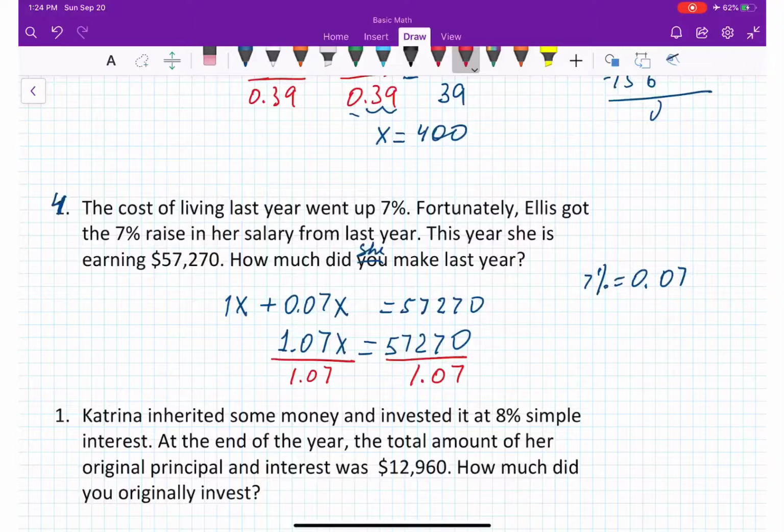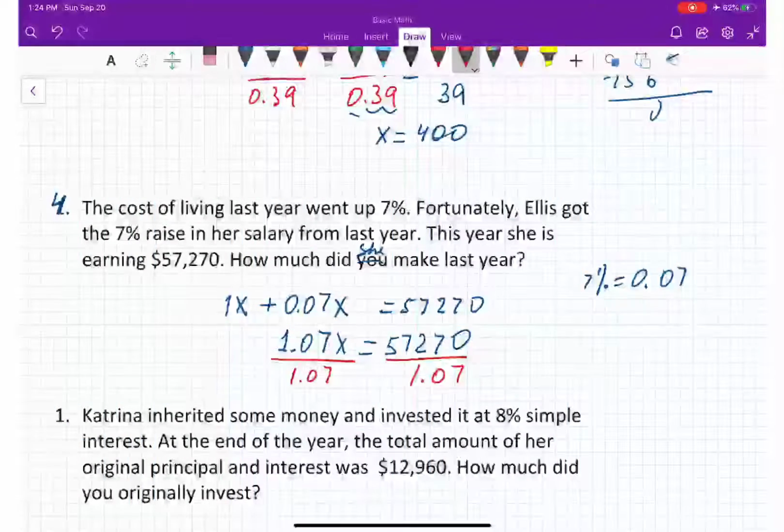And what do we get? For the sake of time, 57,270 divided by 1.07.